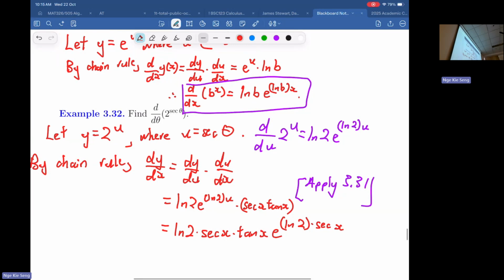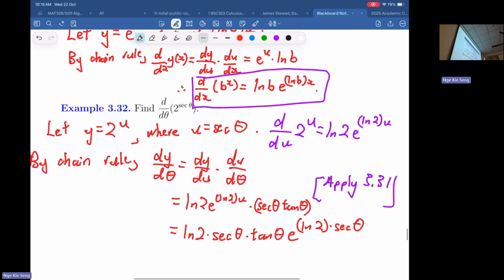So I think our x should be changed to theta. So x's are theta. Okay. Question? Any question?